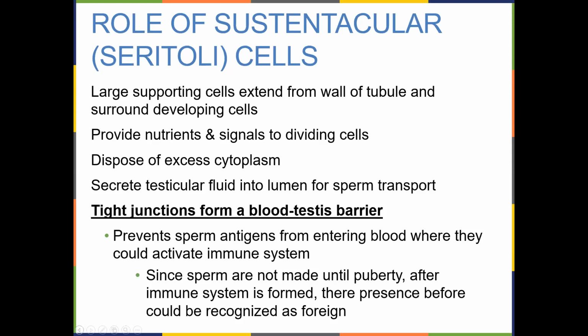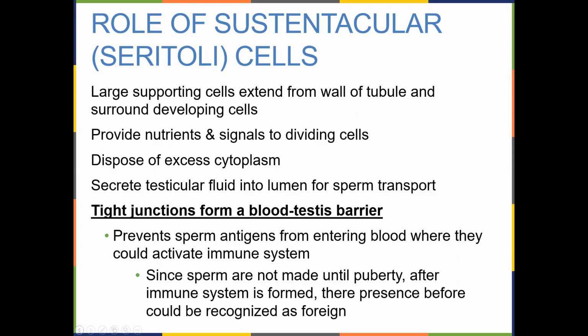Sperm cells don't start getting produced until puberty in the male. The T cells never saw sperm cells before, so they would recognize them as foreign. So the sustenticular cells form tight junctions around the blood supply so that T cells can't get out and attack sperm cells developing in the seminiferous tubules or in the epididymis.